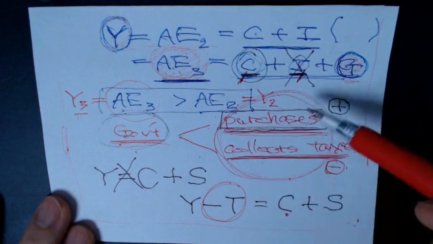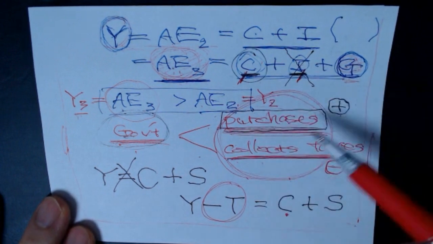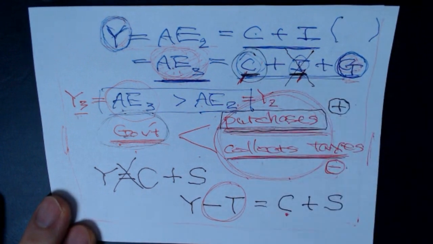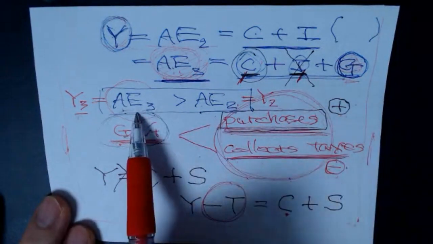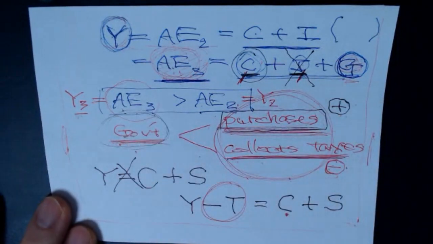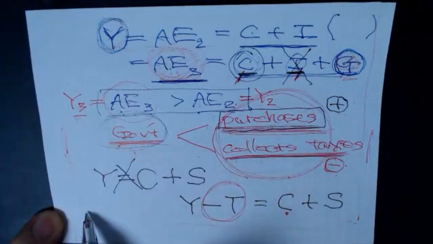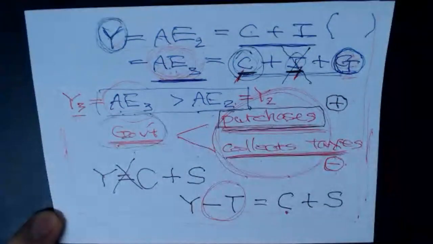After considering both, one positive and the other negative, we can tell whether aggregate expenditure is greater, remains the same, or decreases. In most cases, aggregate expenditure is likely to increase. But the idea is like that, okay? Any questions?